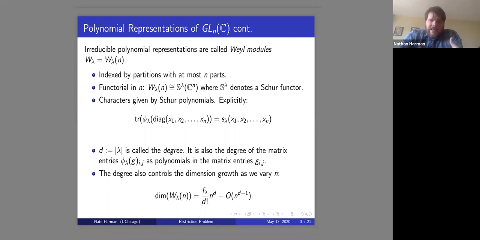As we let n increase, this d is the growth rate of the dimension. So the dimension turns out to be a polynomial in n. If we fix lambda and let n increase, it's a polynomial in n of degree d, with some lead coefficient that we can compute explicitly.